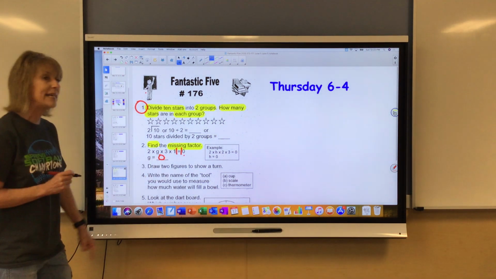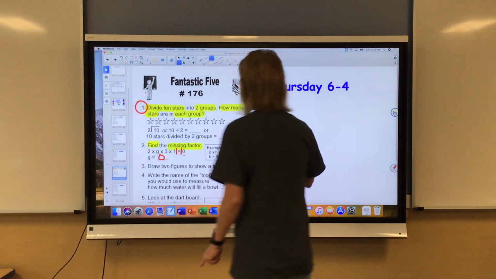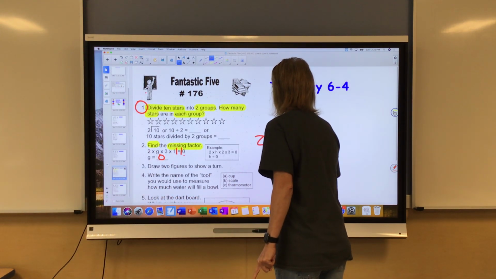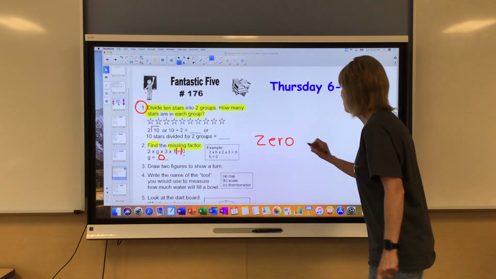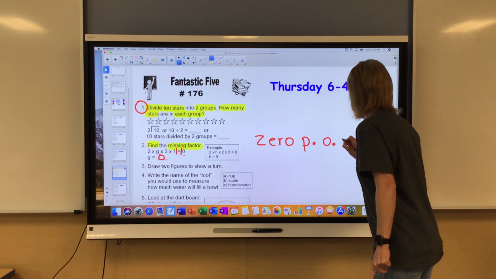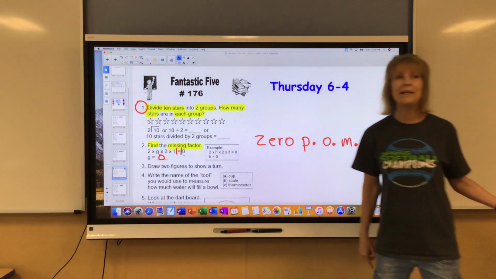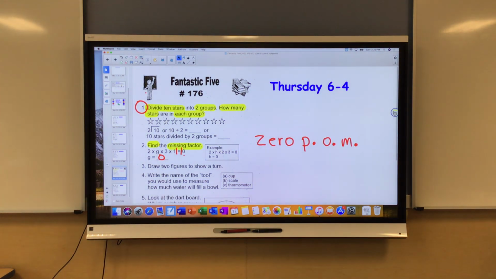So City, you're exactly right. G has a value of 0. And I'm going to write over here, zero property of multiplication. That's going to be so important in 2nd grade.